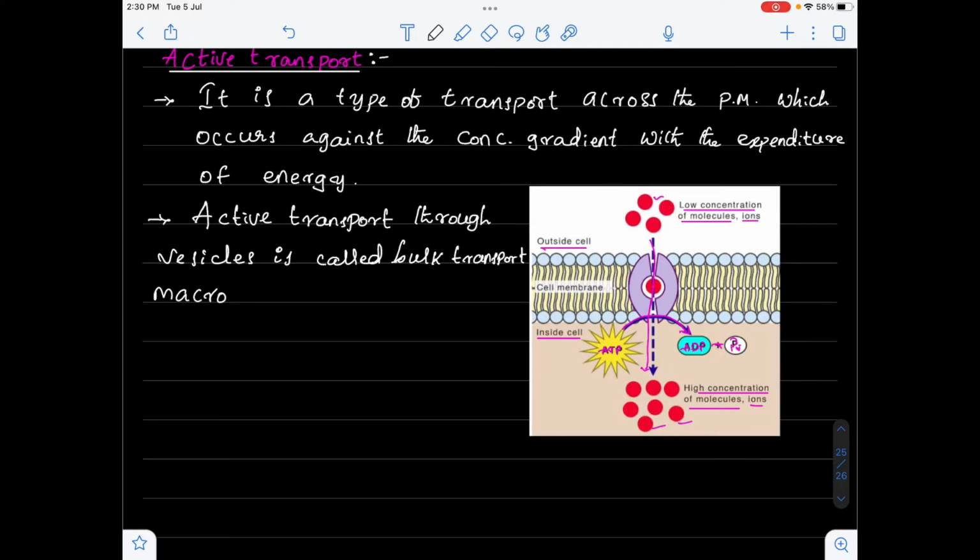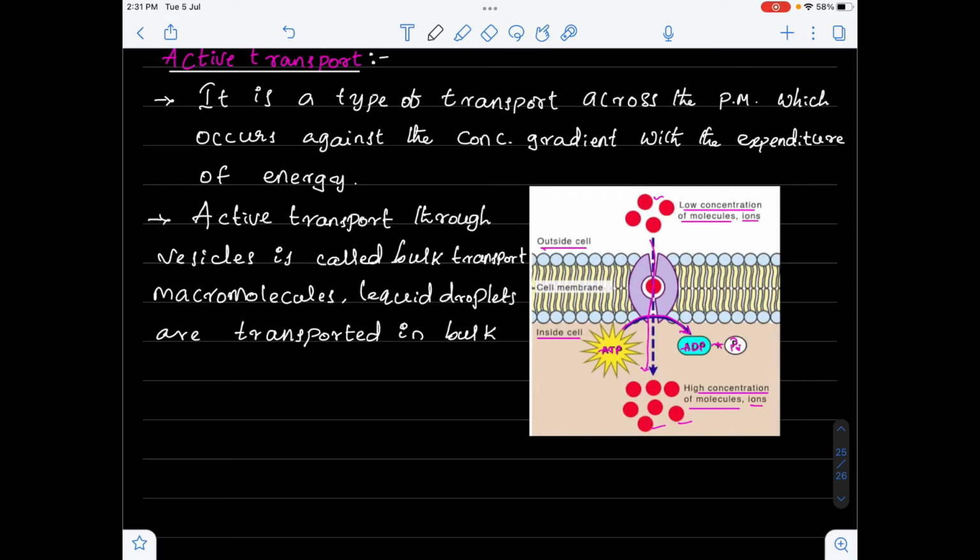Here mostly there is a transportation of macromolecules and liquid droplets, which are transported in bulk by using ATP.